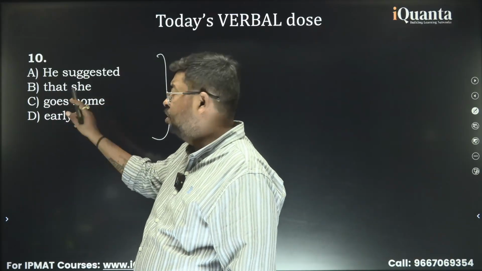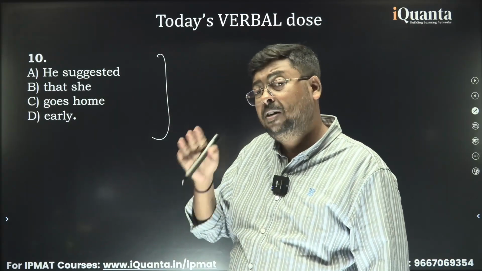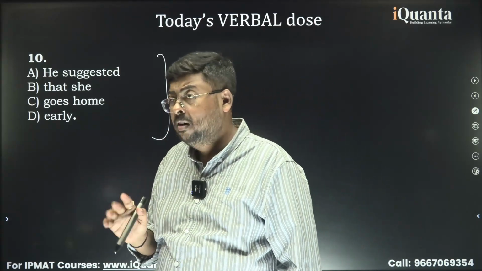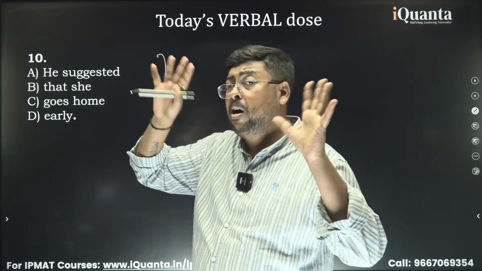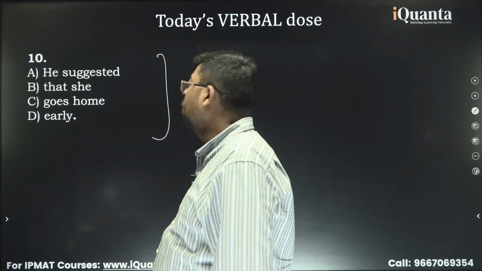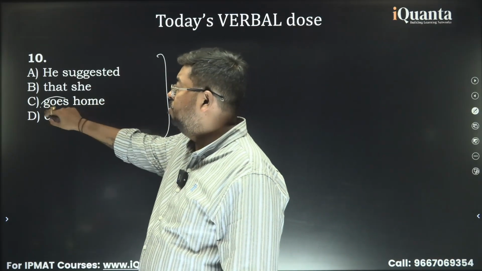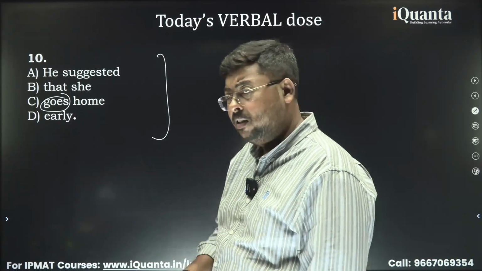If I say she goes home early, it means I'm asserting, I'm declaring that this is what happens. But this is something that does not happen. This is something being suggested that it might happen, right? In such a case, always remember, we cannot write it in the present tense. I'll give you an example.